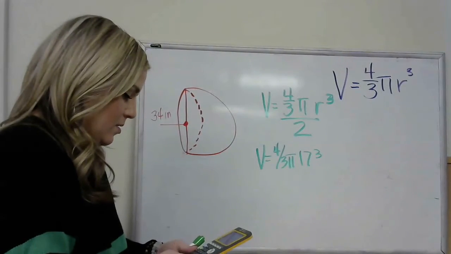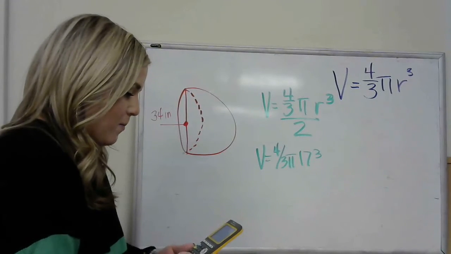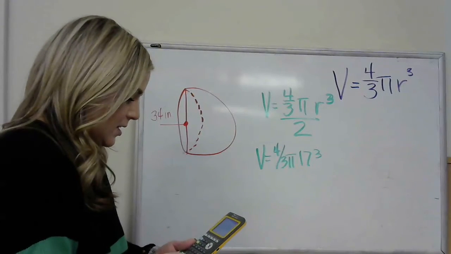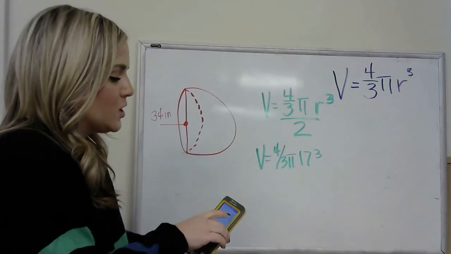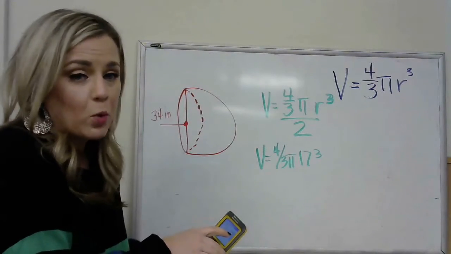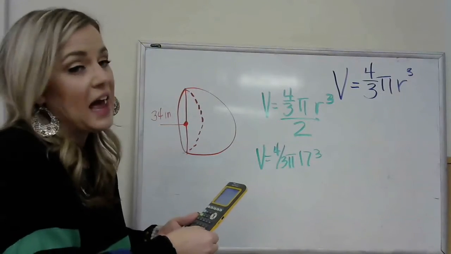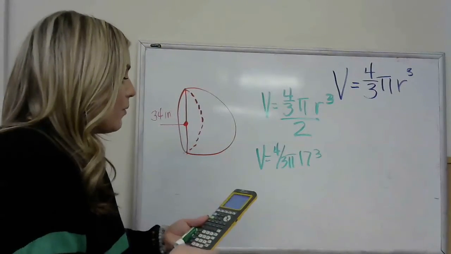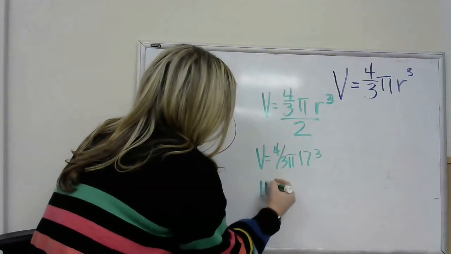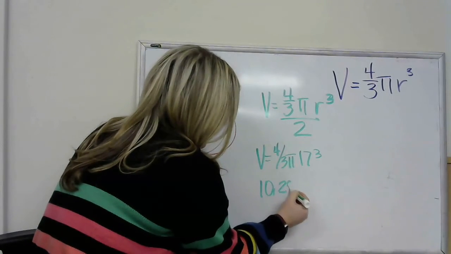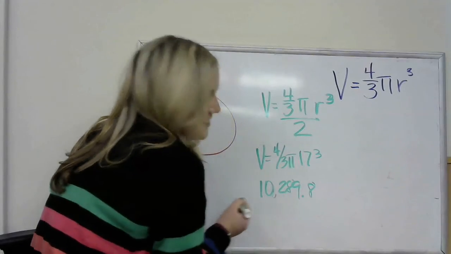So let's see. 4 divided by 3, close parentheses, second pi, 17 to the third power. So I got 20,579.5. I need to divide that in half because that's an entire sphere and we're only talking about half of the sphere. And when I divide it in half, I get 10,289 and 8/10.